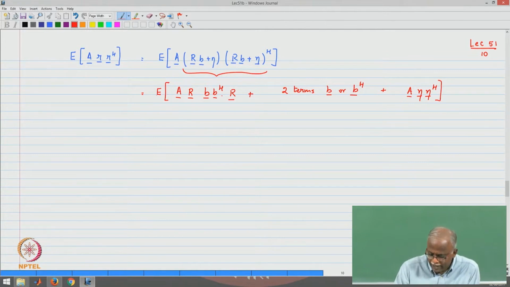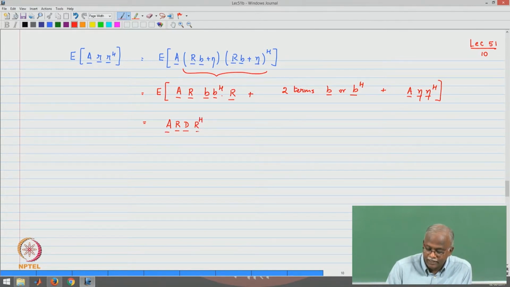If you were to take the expectation inside, we can show that this becomes a times r times, remember the expected value of b Hermitian, we got it to be equal to d, and then r Hermitian.